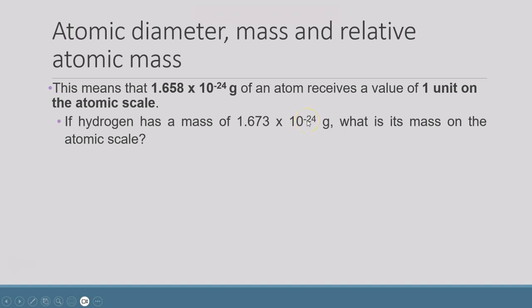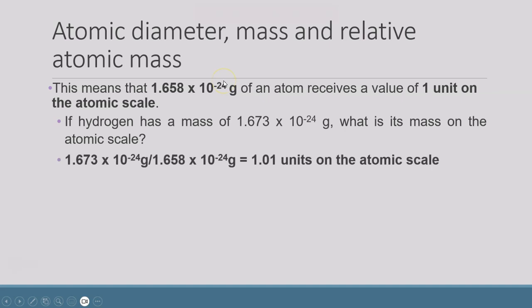We're going to work it out in the same way that we worked it out based on the baby scale. So we take our value of hydrogen's mass and divide it by our scale mass, and that is going to give us a value of 1.01 units on the atomic scale.